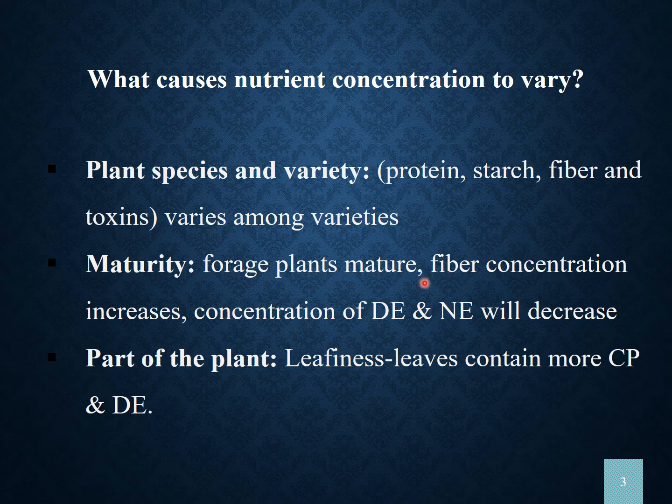When the concentration of fiber increases, digestion becomes more difficult, so the digestible energy and the net energy will be lower. The animal will get lower energy from this mature plant. So maturity is also a factor in nutrient concentration variety.